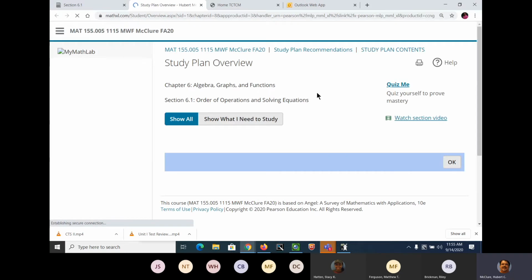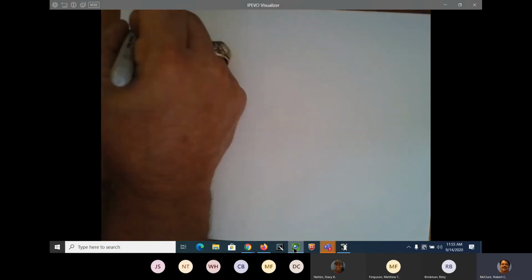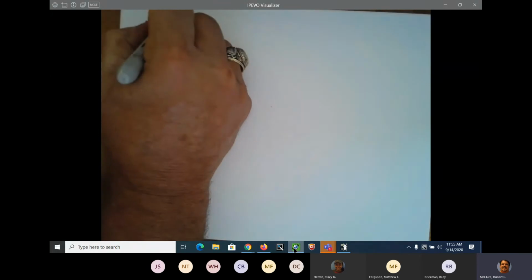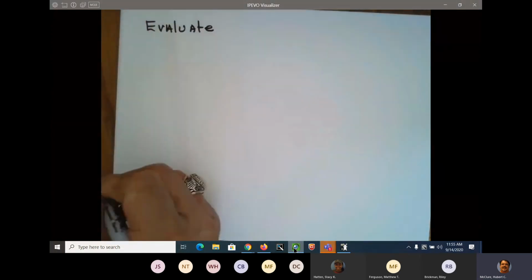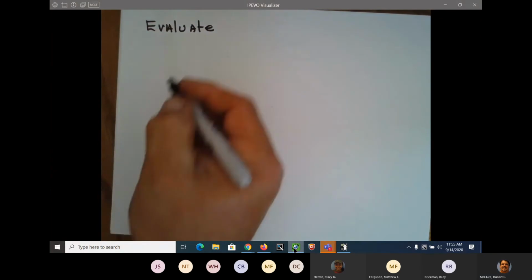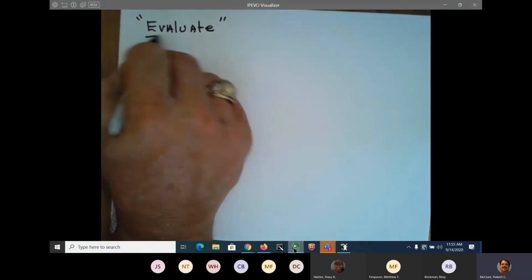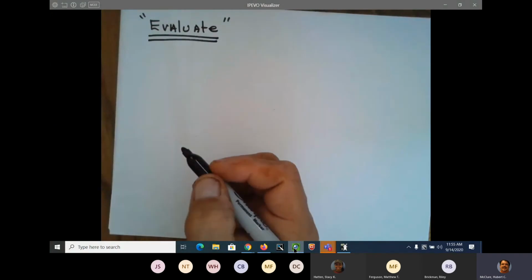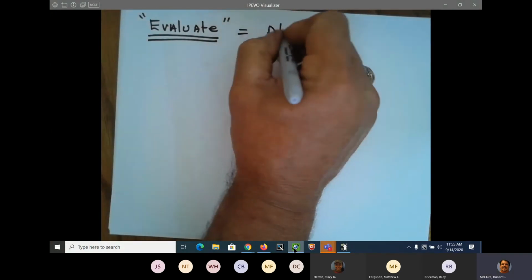Now, there are two words I want you to make sure you understand. If you see this word in the directions, write this down because this will help you on a standardized test. When you see the word evaluate, that means plug and what?